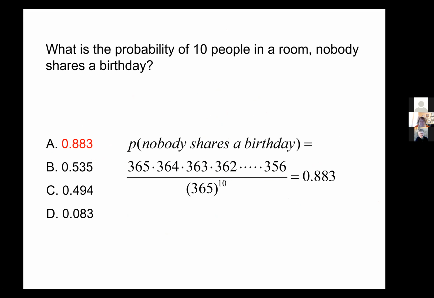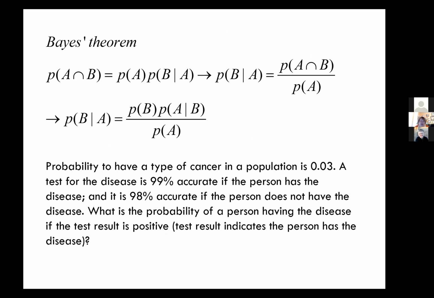All right. Let's do one last one on a conditional probability. So I repeated Bayes' theorem for you. Bayes' theorem says that the probability of A and B occurring is the probability of A times the probability that B occurs given A has already occurred.